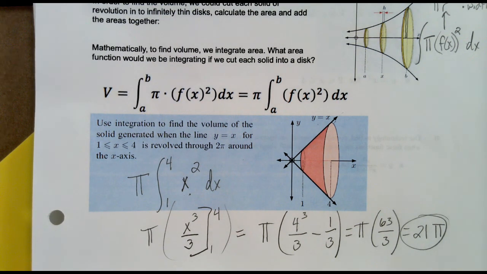Nice, pretty number, right? If you set this up on your calculator, what I would suggest is leaving pi out. This right here would give you 21 on your calculator, and you would just need to know that that means 21 pi. Yes, sir? Couldn't you just divide by pi too?